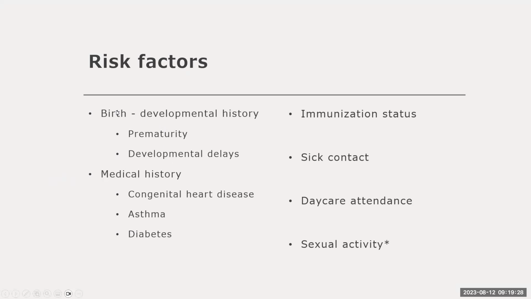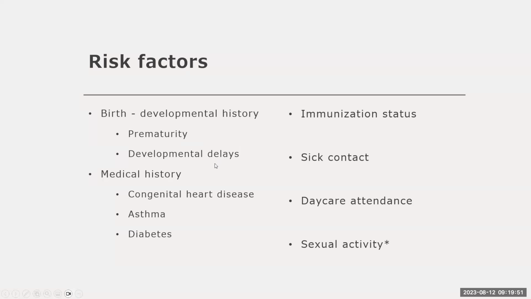But the couple of points that I try to get in my history are the birth and developmental history. If there is any significant birth history, one of the most important is whether or not the child was born prematurely, because premature infants have a higher risk of developing infections and more severe infections.